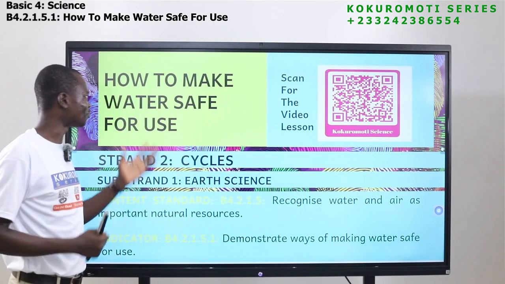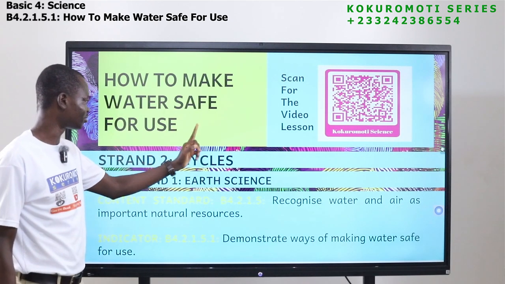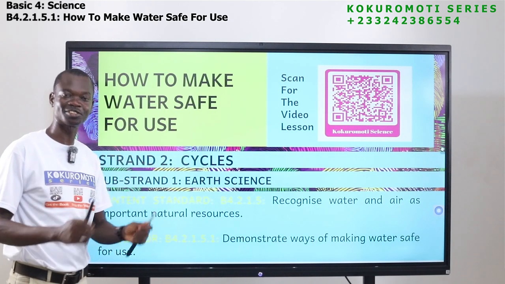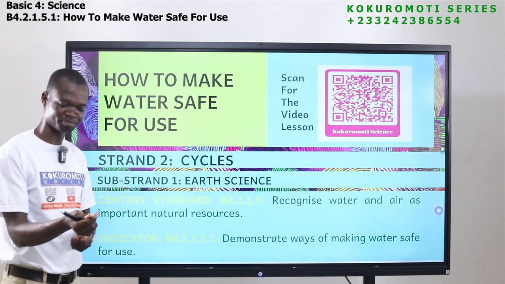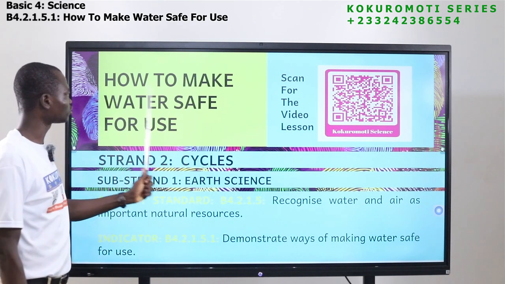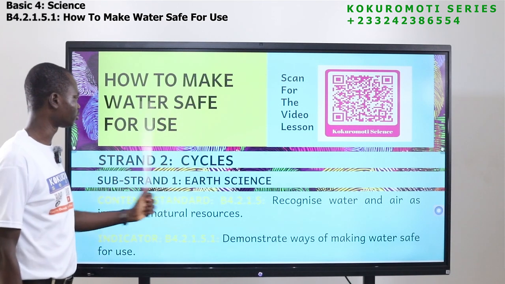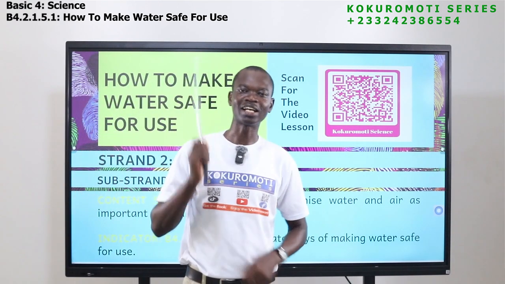The topic is here. How to make water safe for use. That is the topic. You see, this one is not only for basic 4. It's for all of us. Let's look at it again. How to make water safe for use. So today's lesson is about water. Who doesn't drink water?